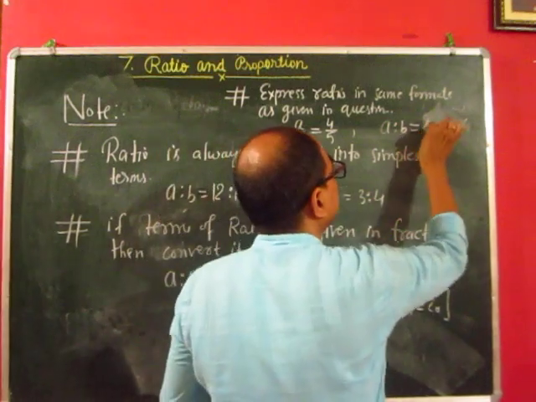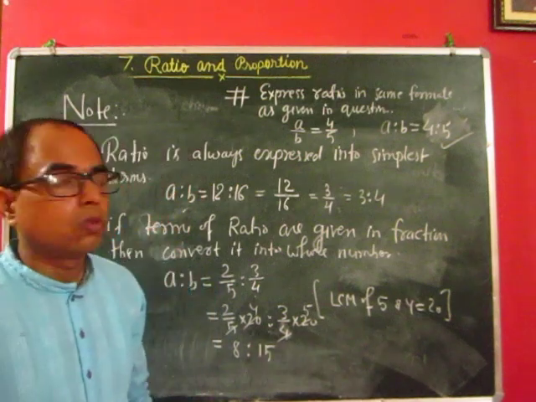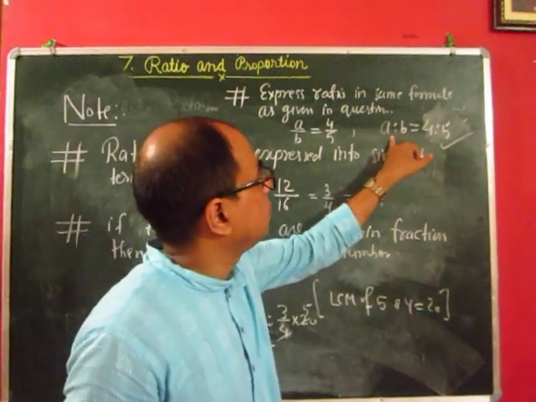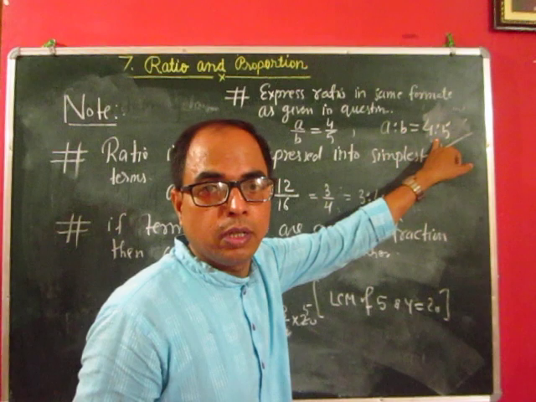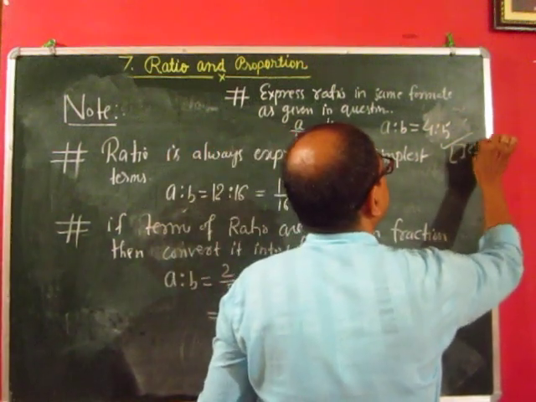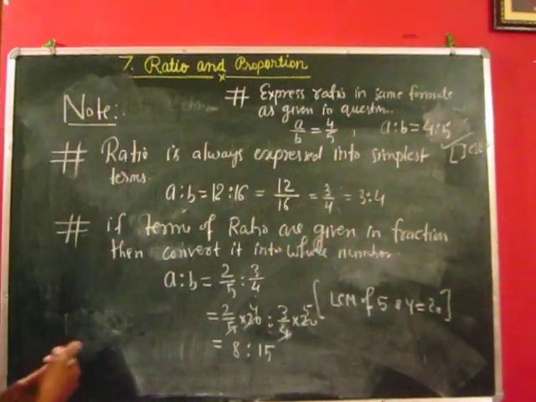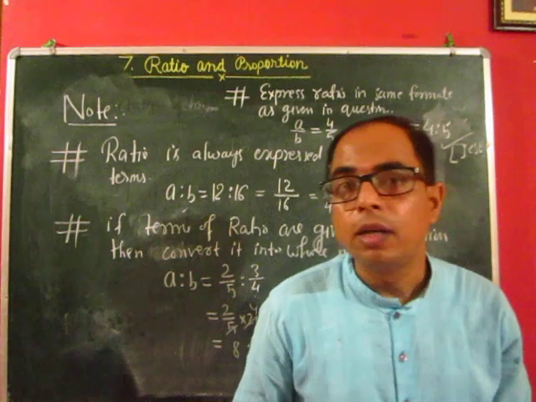So here you should write 4 is to 5, then it will be correct. So whatever format is given in the question, you have to write the answer in the same format. Clear? And this is for ICSE. Clear? It is compulsory. So today we have discussed ratio and proportion.